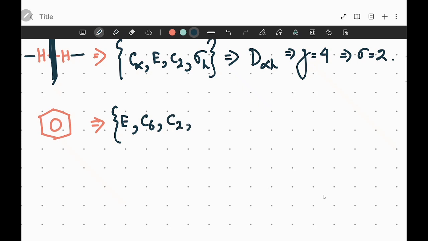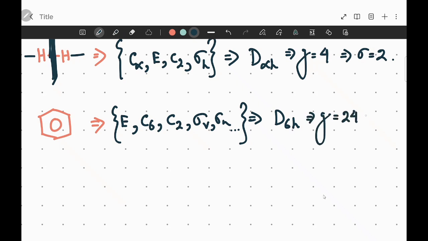Sigma V, sigma D, both will be there. From here, you can calculate it will be D6H. Just similar to BF3. In this benzene, other operations are also generated. So D6H, and for D6H, the symmetry elements are 24. So sigma will be 12. Okay.